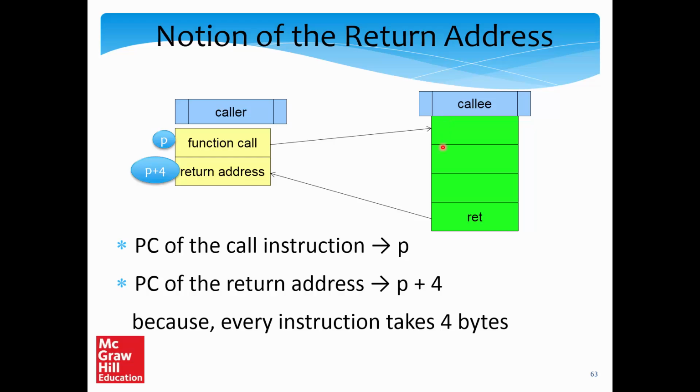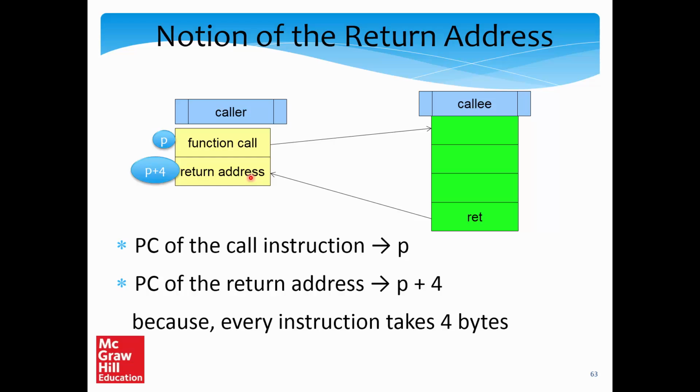We execute all of its instructions. Then we have the ret instruction, which is the return instruction, where we come back to the instruction which is just after the function call. In SimpleRisc, since we assume that each instruction is 4 bytes, we start at address P and we return back to address P plus 4. This is the PC, the program counter, of the return address.